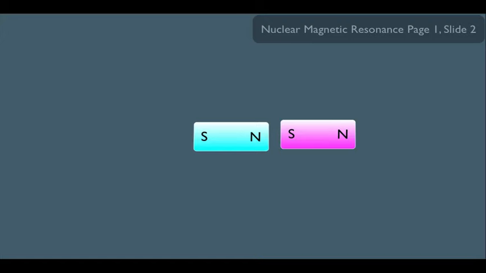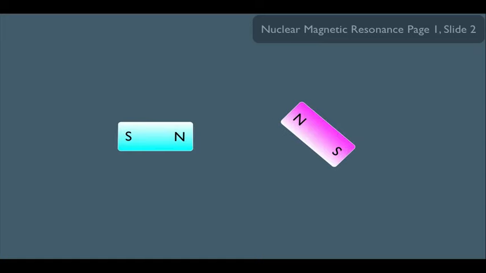But let's look at this through the eyes of physics. One way to conceptualize magnets is to think of them as being surrounded by magnetic fields. And these magnetic fields have directions and magnitudes. So for instance, our blue magnet is generating a magnetic field this way.